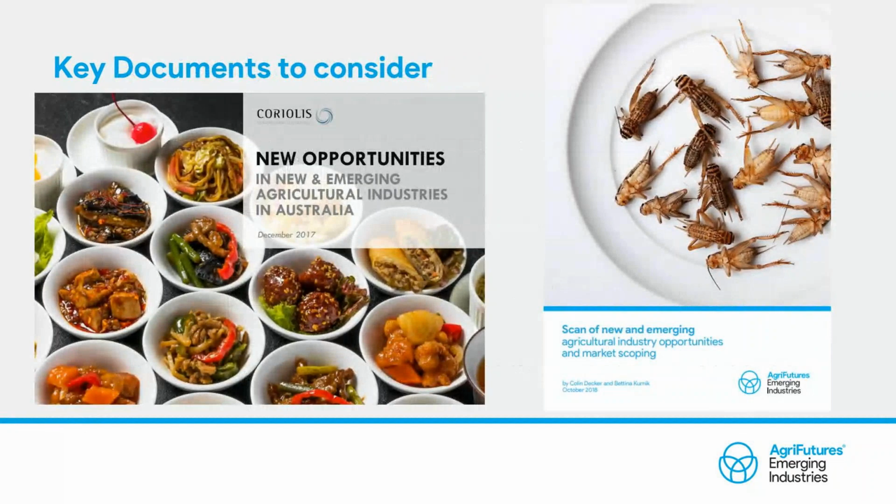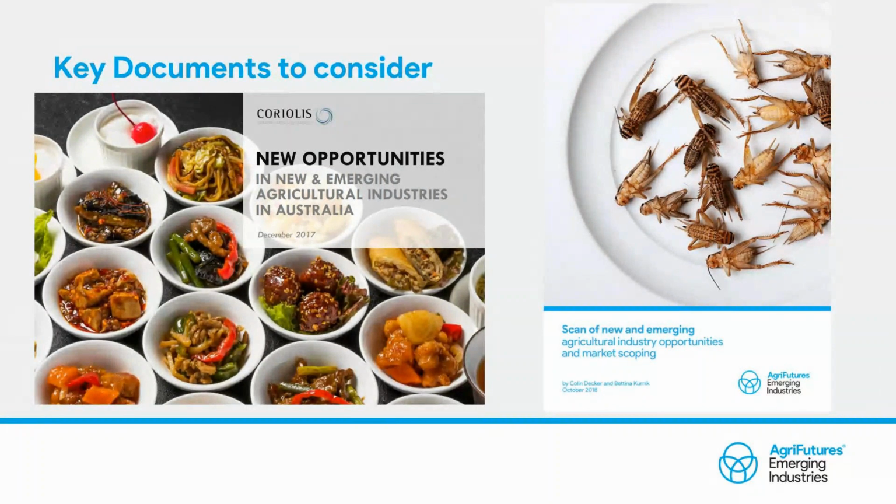So there's a couple of documents, and the links to these are on the AgriFutures Open Call webpage. There are two pieces of market research that were conducted by AgriFutures in 2017 and 2018, looking at different commodity sectors and at some of the growth opportunities for those sectors.